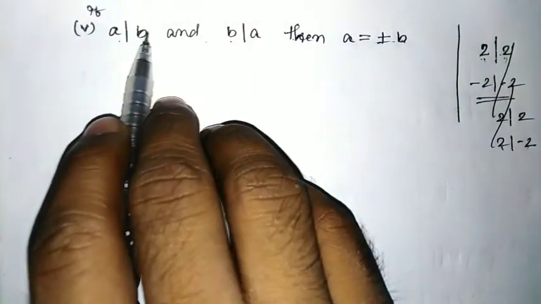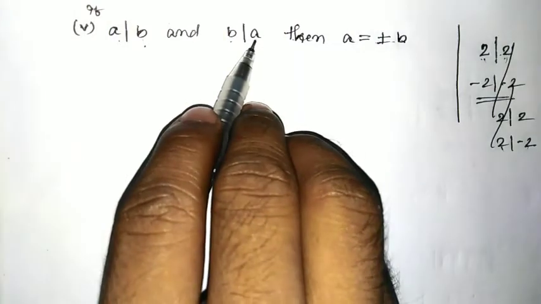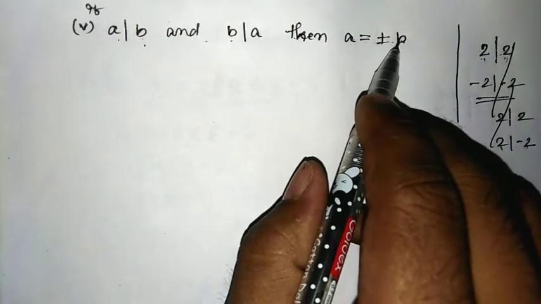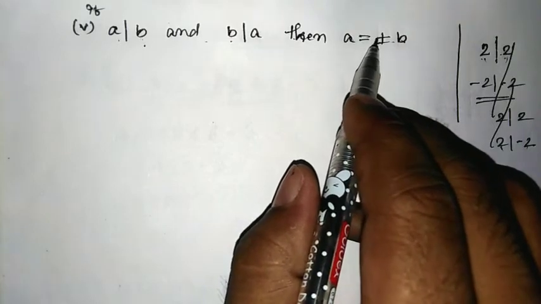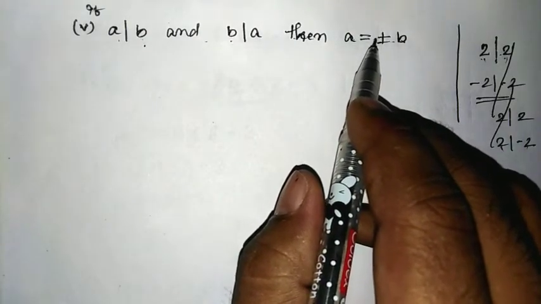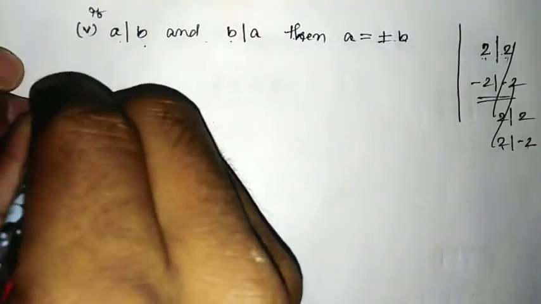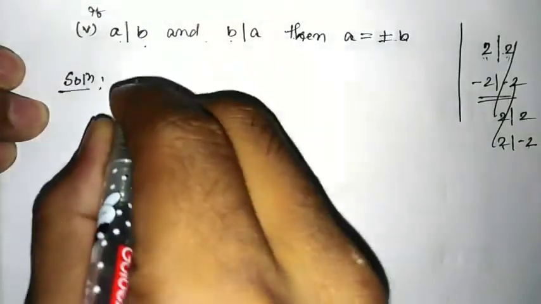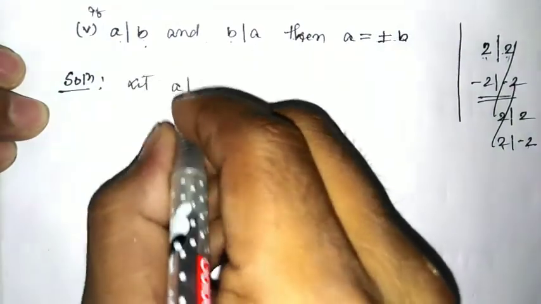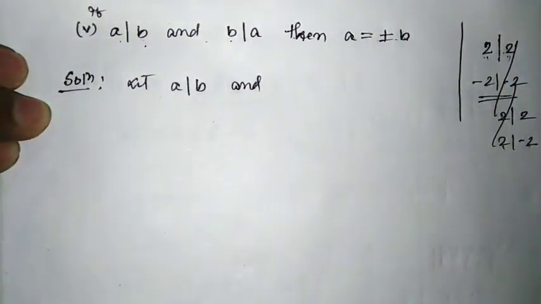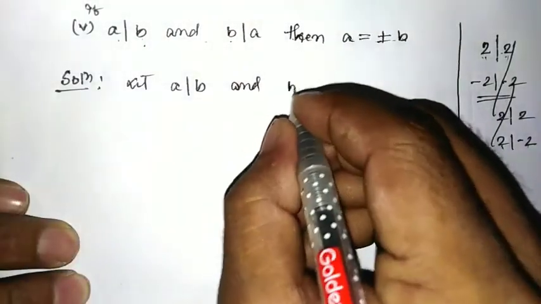Or 2 divides minus 2 and minus 2 also divides 2. So when A divides B and B divides A reversely, then A and B are equal up to opposite signs.